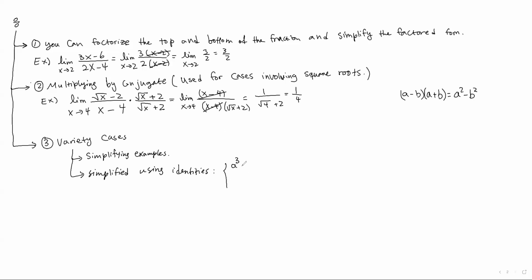So you have a cubed minus b cubed. This is a minus b times a squared plus ab plus b squared. And then you also have a cubed plus b cubed, which is a plus b times a squared minus ab plus b squared.